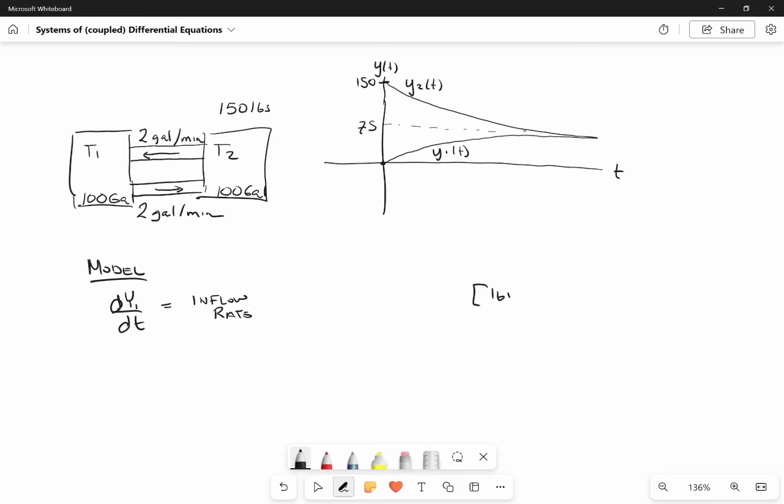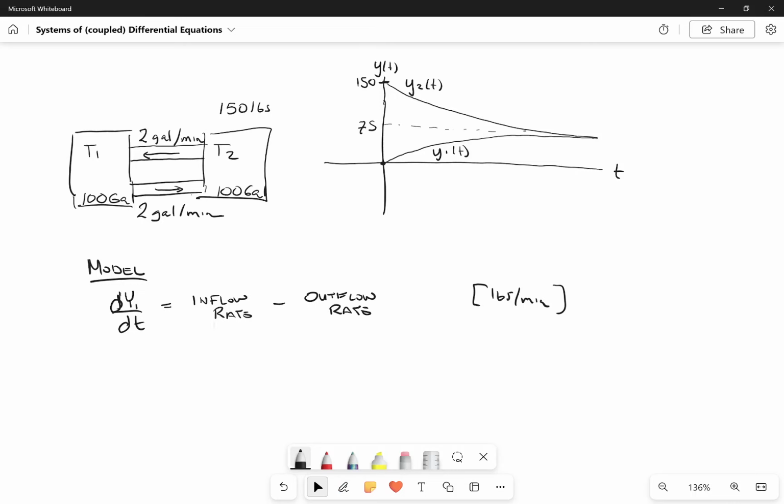This is in pounds per minute, because we're dealing with pounds of fertilizer, minus the outflow rate.